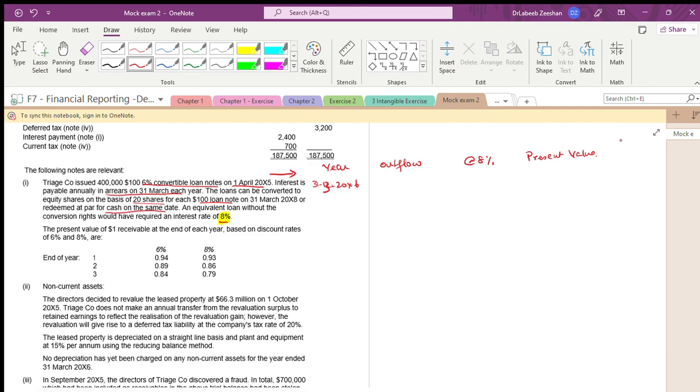They have issued notes, with interest annually paid. The loans can be converted into shares on 31st March 2008, so 2007, 2008. What is the cash outflow?